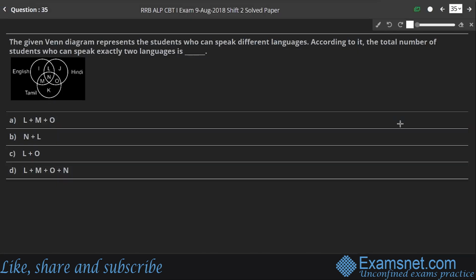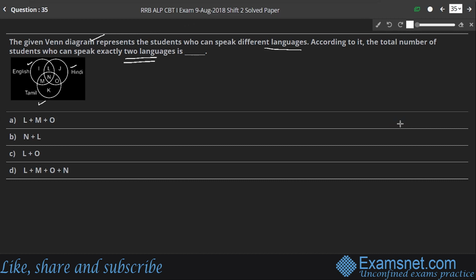Question 35. The given Venn diagram represents the students who can speak different languages. According to it, what is the total number of students who can speak exactly 2 languages? Speaking exactly 2 languages means they can speak English and Hindi, or Hindi and Tamil, or English and Tamil.